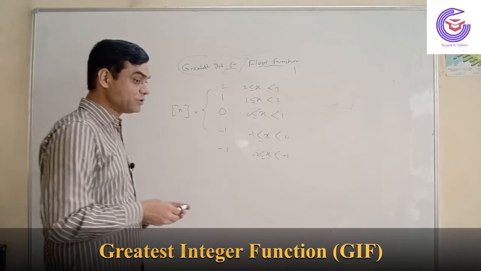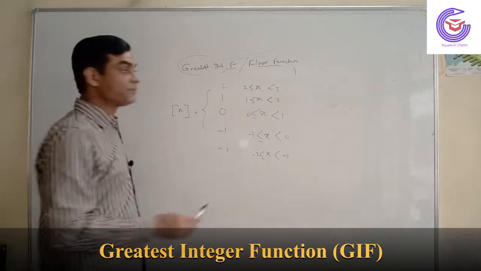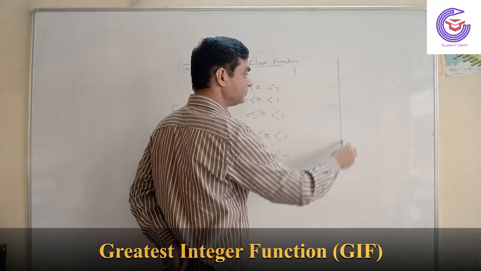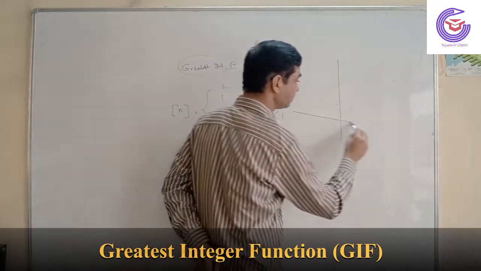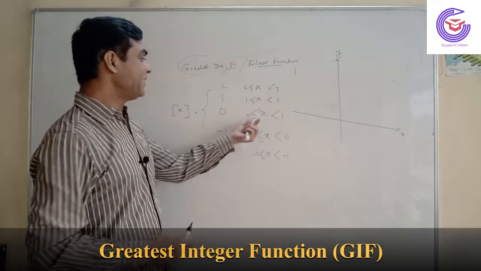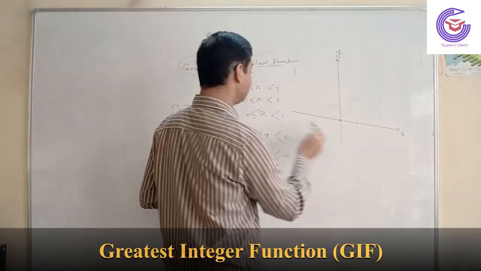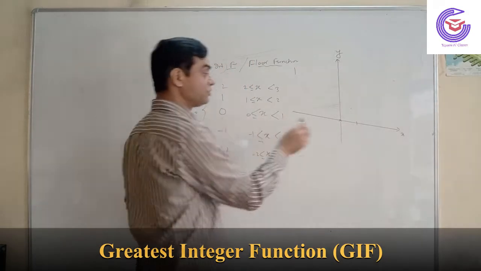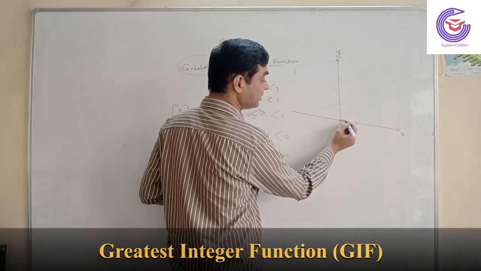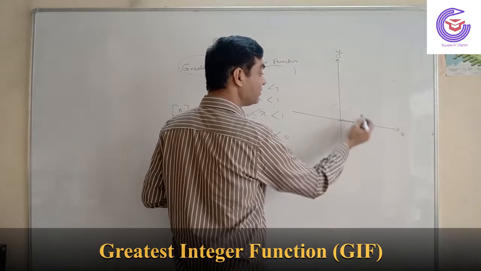Okay, now suppose you plot the graph of this greatest integer function. When x is between 0 and 1, the value of y is 0. So I can mark something like this. This is your line, 0 to 1.